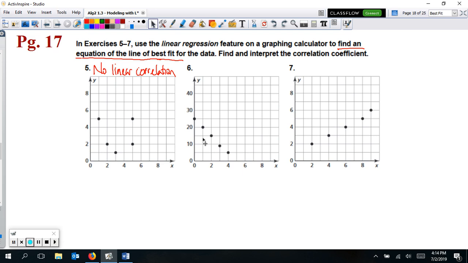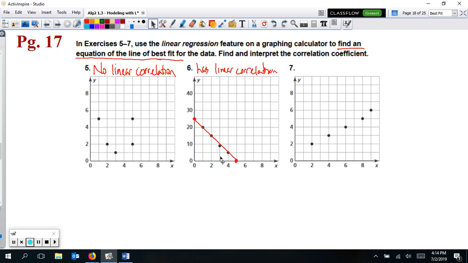They're just scattered about. Number 6, however, you can see they are kind of lined up. They're not perfectly lined up, but they're pretty close. So this one definitely has linear correlation, and we want to draw a line that would best fit this. You can draw as best you can a line right through the middle of it.